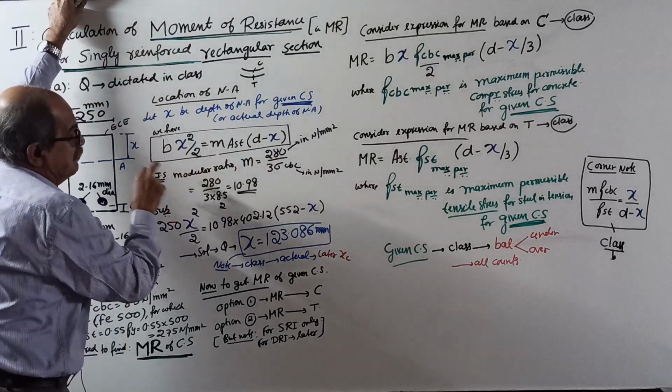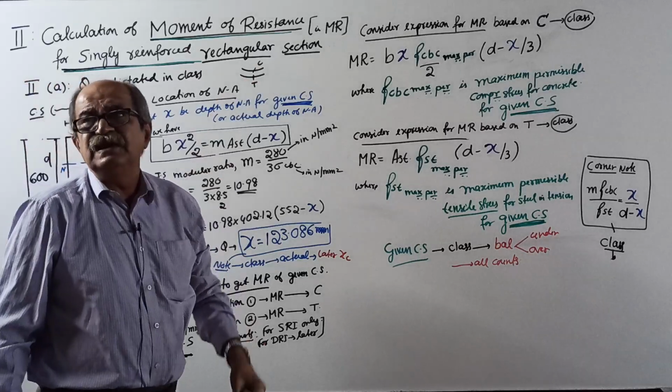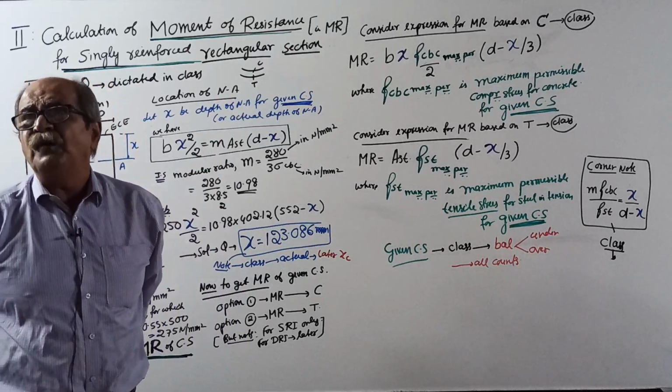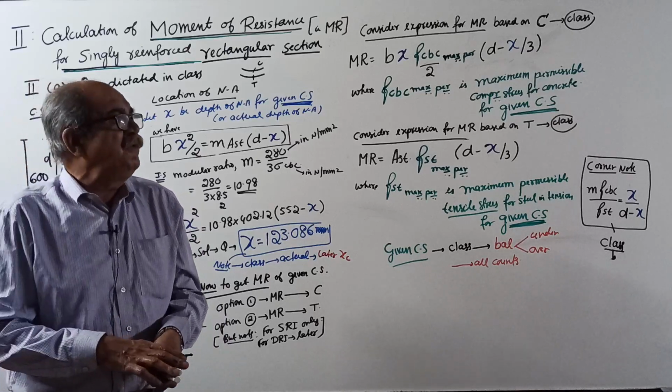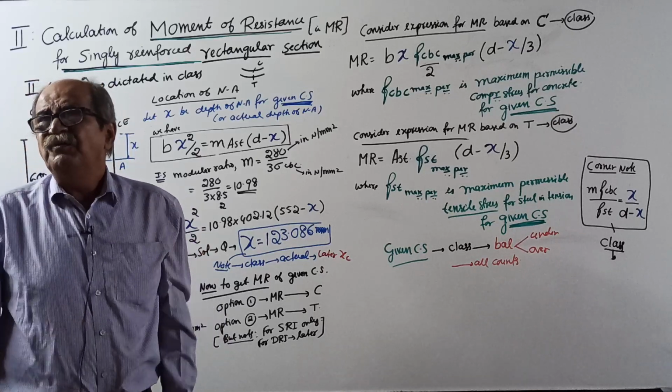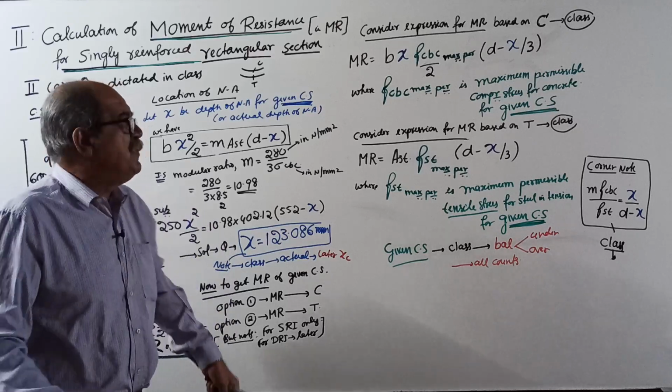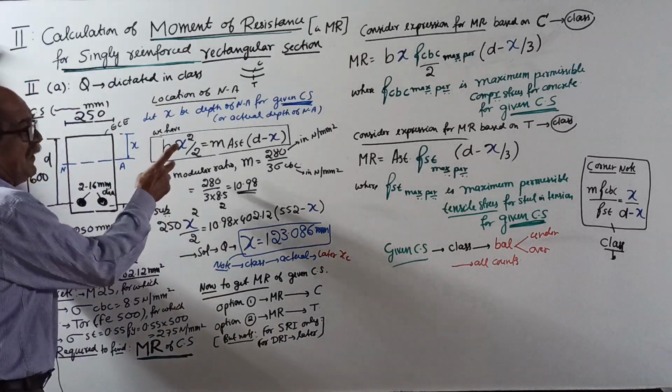So you require m. In the previous two questions, Roman 1, I gave the value of m, because M20, M30 or Fe 415 etc. are not required by randomly applying bending moment. This time you require properties.